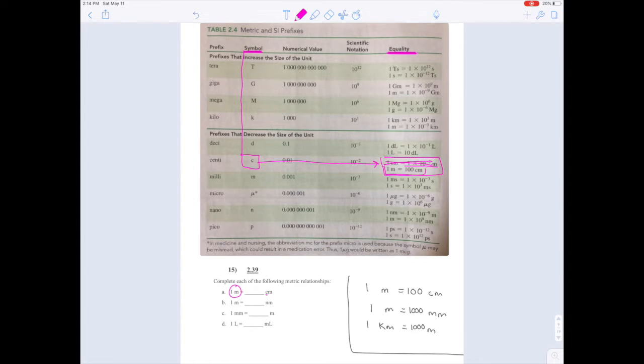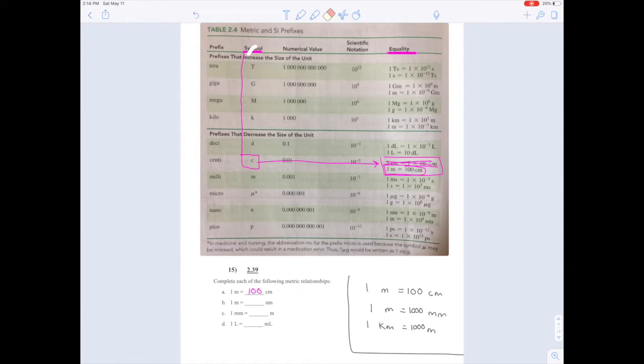The second one down has a 1 in front of meters. It says that 1 meter equals 100 centimeters. And that would be one of the ones that you would definitely want to know and have memorized, up your sleeve, ready for any emergency.